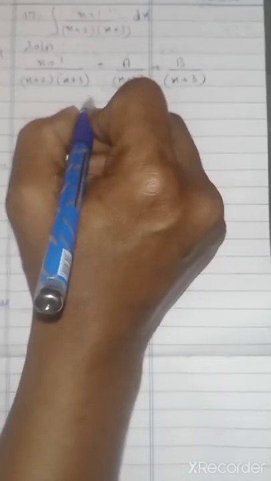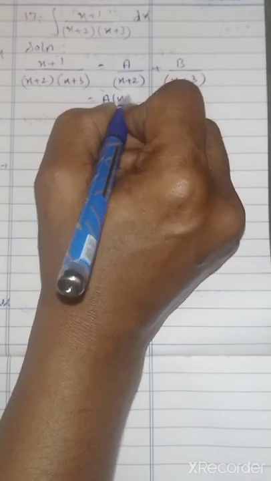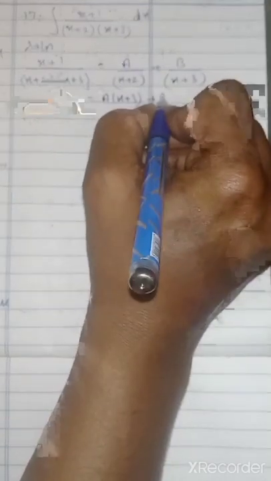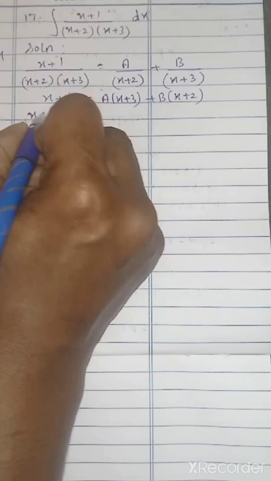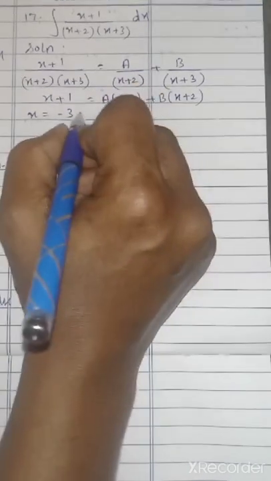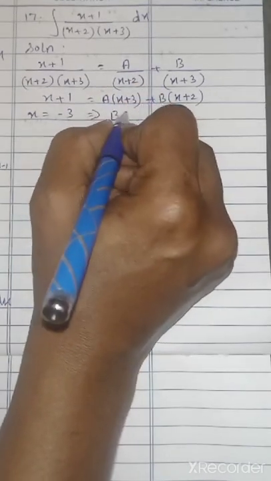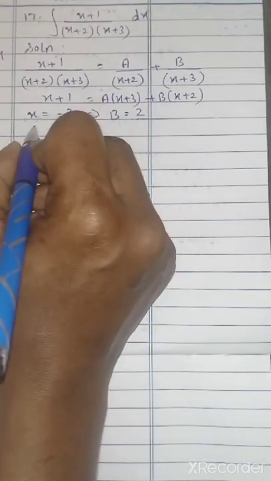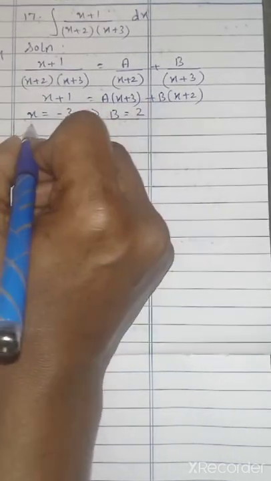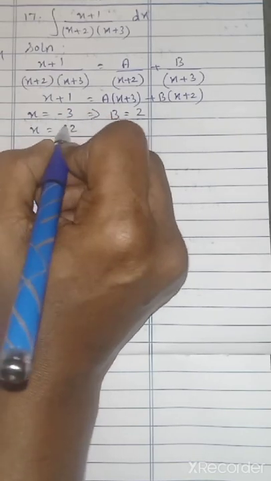Correct? Okay, this one: a into taking LCM, plus b of x plus 2. First value we can give x equal to minus 3. When you give x equal to minus 3, you will get b value as 2. Next, x equal to minus 2.